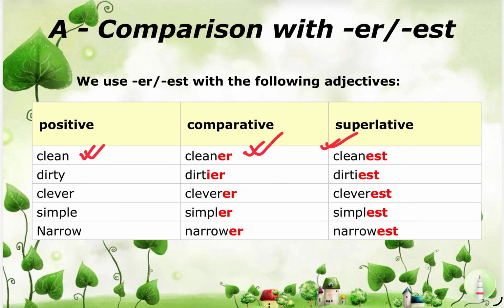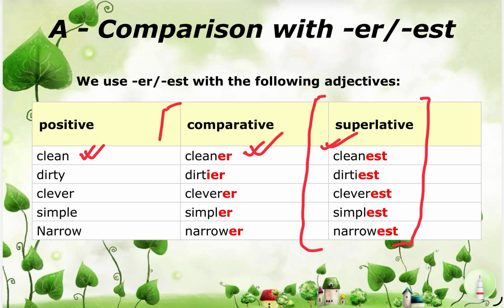Okay, the adjective can describe nouns with some intensity, with some comparison. For example, dirty, dirtier, dirtiest. Superlative shows the maximum quality.